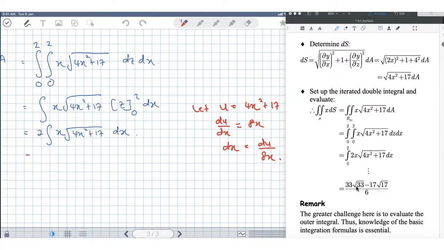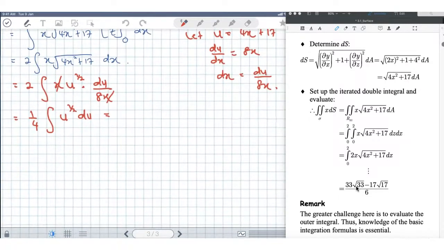When you replace, you have x times u to the half, and dx is du over 8x. The x here can be cancelled out. You have 1 over 4 u to the half du. So now your form is simpler after you apply the substitution into u. Then we integrate with respect to u, which gives 2 over 3 times u to the 3 over 2.